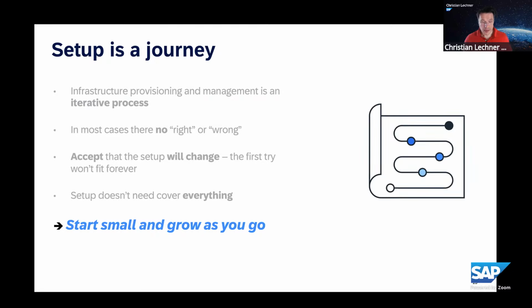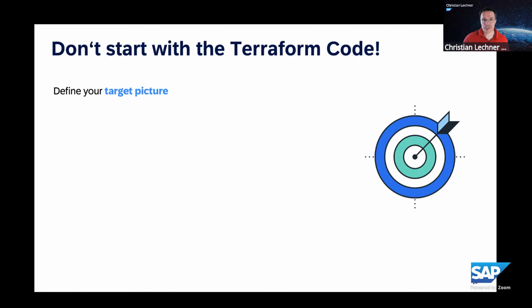Now, once you are at that point, the funny thing is, if you start with Terraform, don't start with the code. There is some homework that you have to do first. So first of all, define your target picture by laying out who is responsible for which parts of SAP BTP. So who cares about what? Because that's important, because that also basically tells you what code you are responsible for when it comes to Terraform.